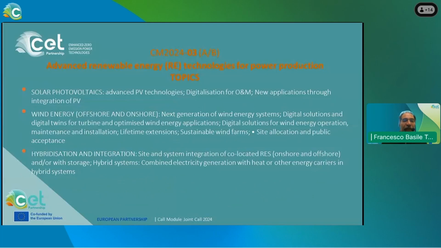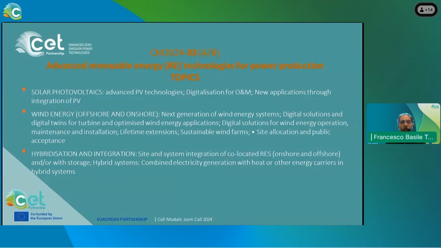Briefly on solar photovoltaics: all kinds of advanced PV technologies, digitalization for operation and maintenance, and new applications through integration of PV with other technologies like PV thermal or PV hydrogen could be considered, always considering power production as a significant part of the energy production output.